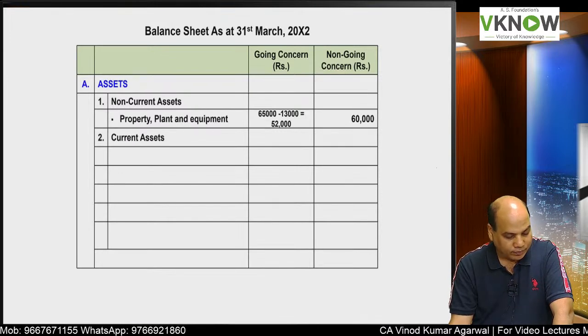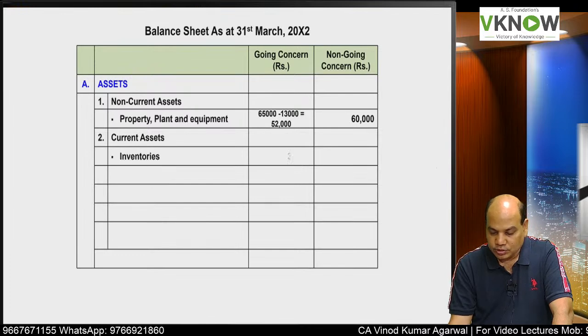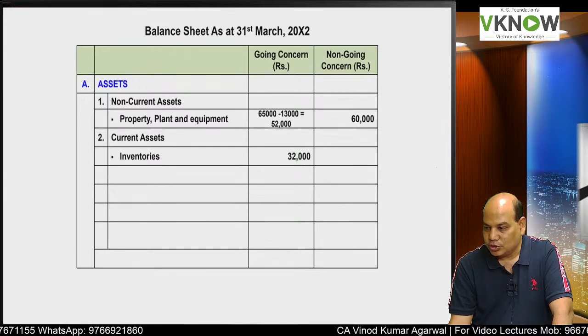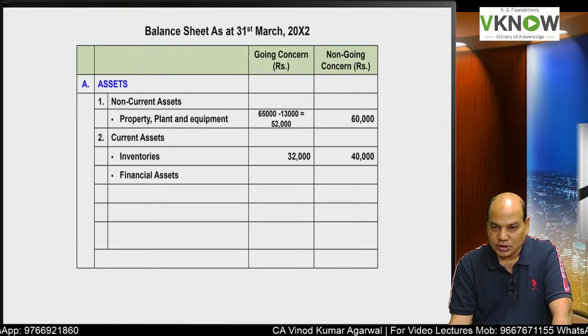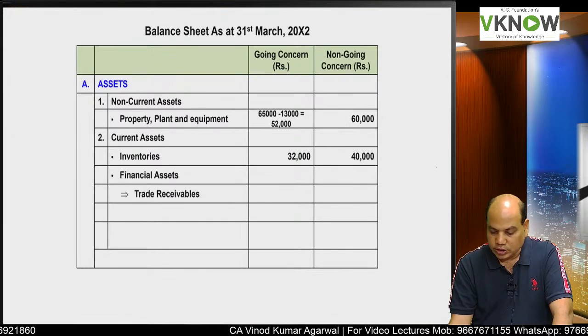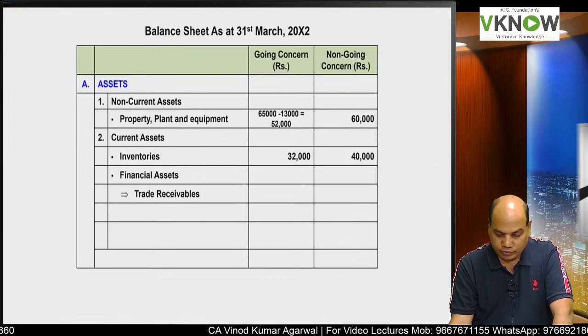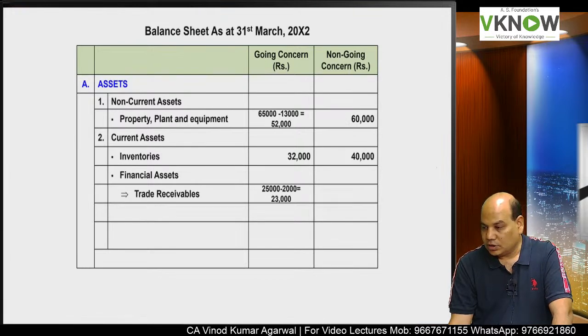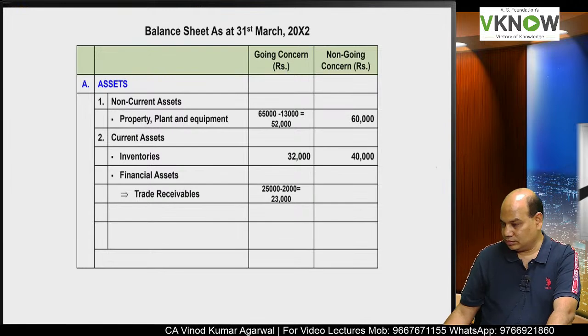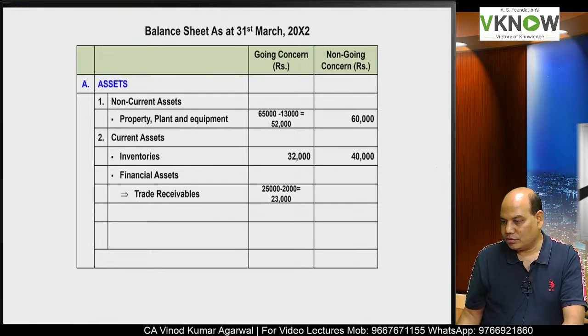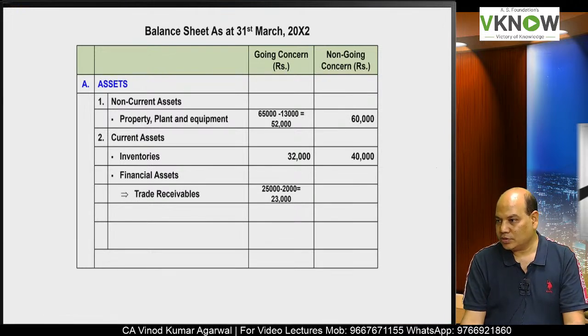Current asset. Question in front of you. Inventory, 32. Cost or NRV, whichever is lower. Non-going concern, 40,000. Financial asset. Under the trade receivable, 25,000 minus 2,000, 2,000 allowance for bad debt. 23,000.